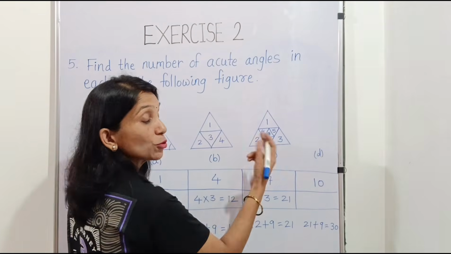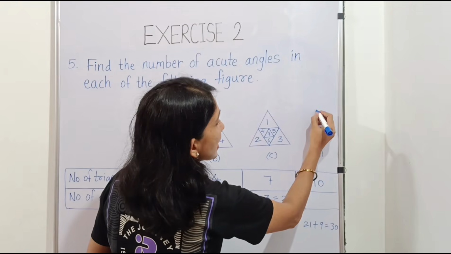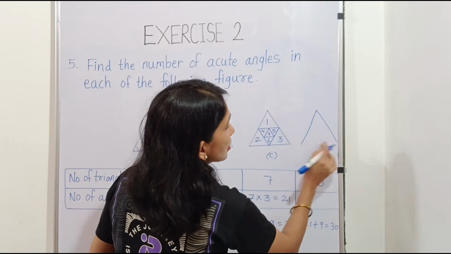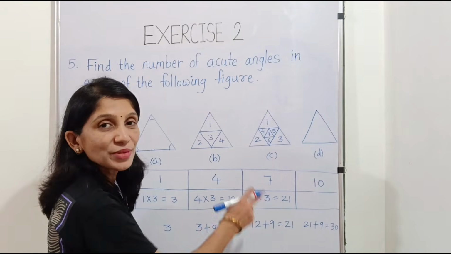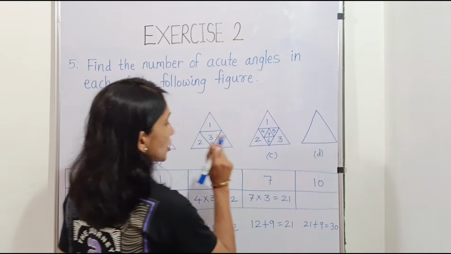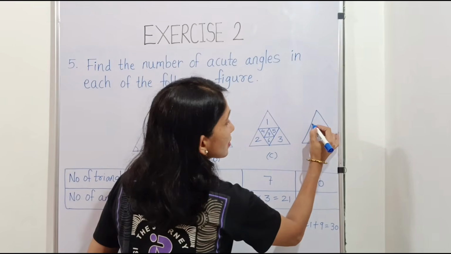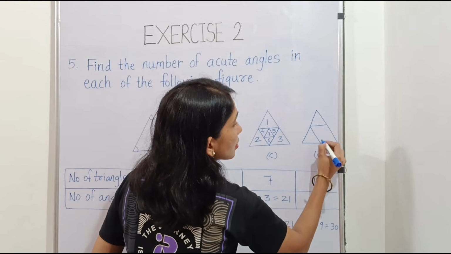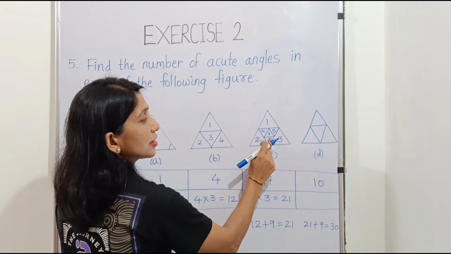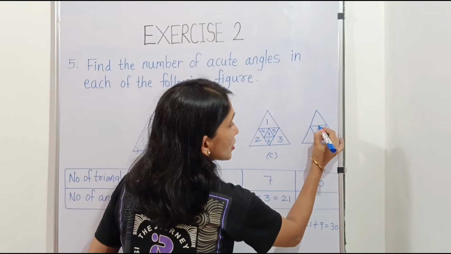Let's see how to show the figure. So, first, we will draw an equilateral triangle. Just assume it as equilateral, okay? So, the first triangle I have drawn. Now, see here, like this triangle we will have to draw. Then, in the third figure, one more extra triangle is given. Same like that, we will draw here.